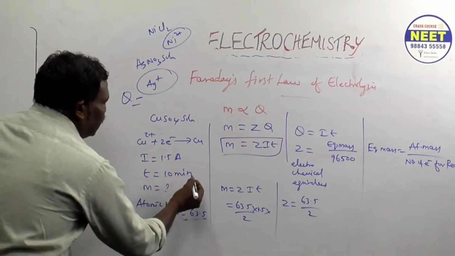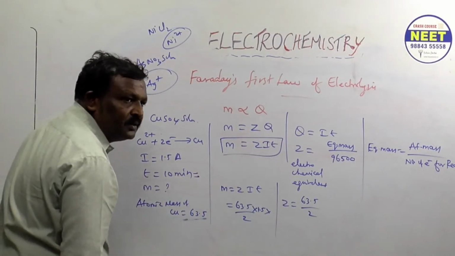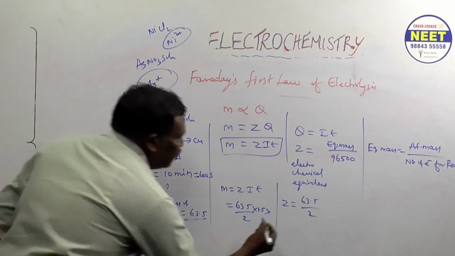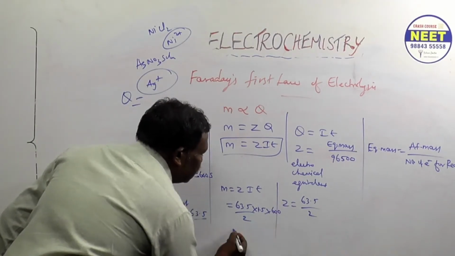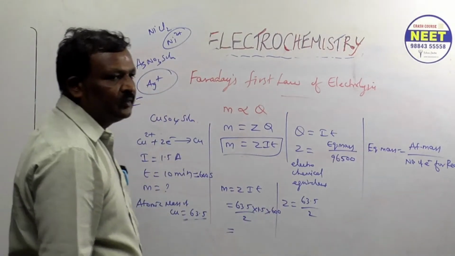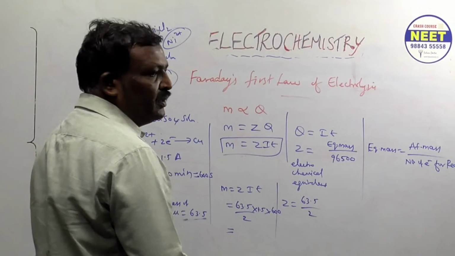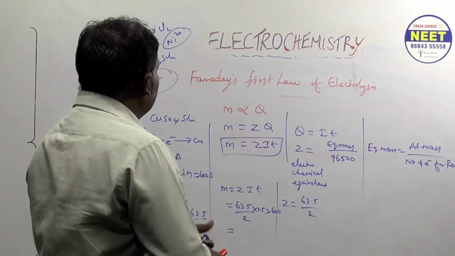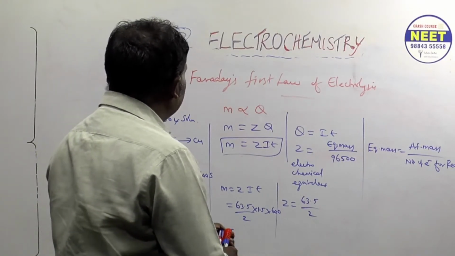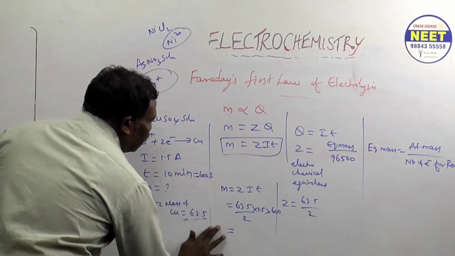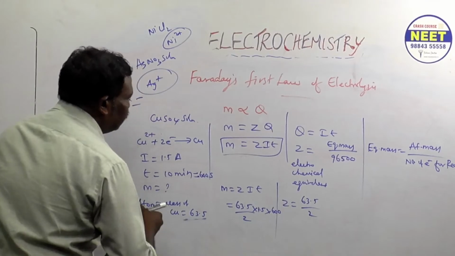Though, mostly time is in seconds, so 600 seconds. Put 600, that's all. If you solve this, write fast. This kind of sums they'll mostly give. M is equal to Z I T, that's the formula, keep in mind.